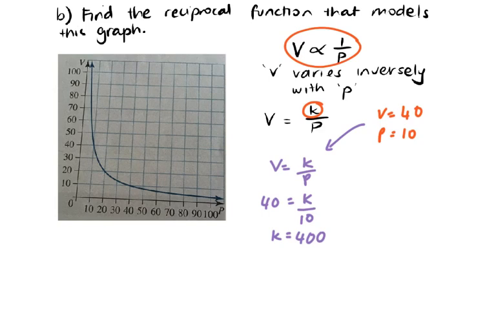So that tells us that that is the constant for this particular function. So the final answer for this is to now substitute this back into our reciprocal function. So our answer is V equals 400 over P. And that now is our reciprocal function for this particular set of data and this graph here.